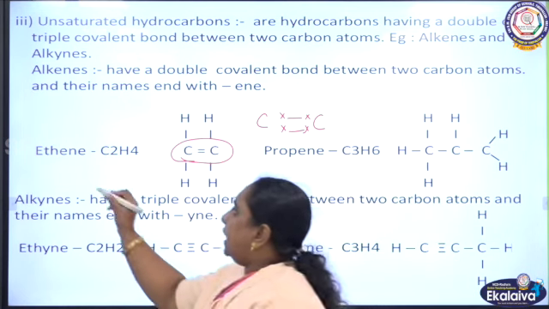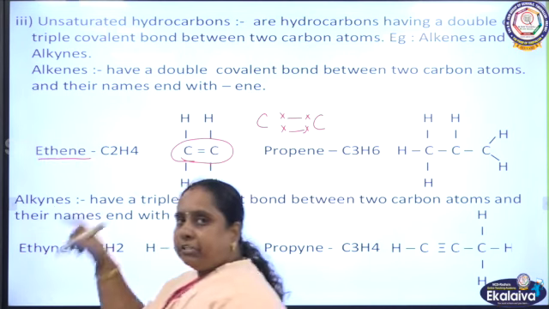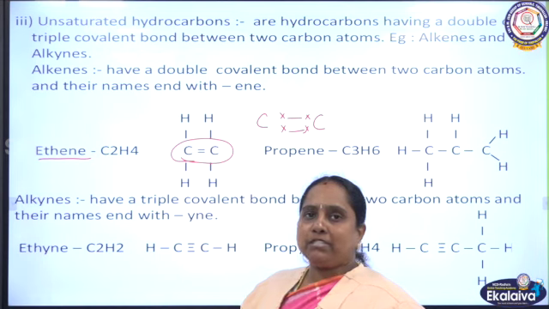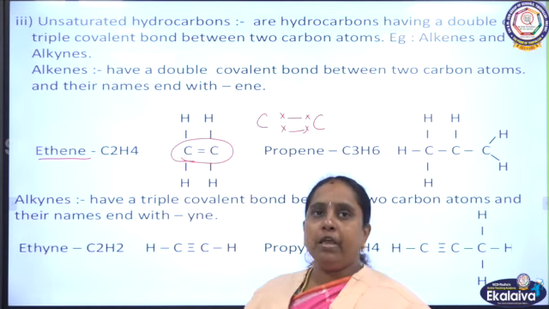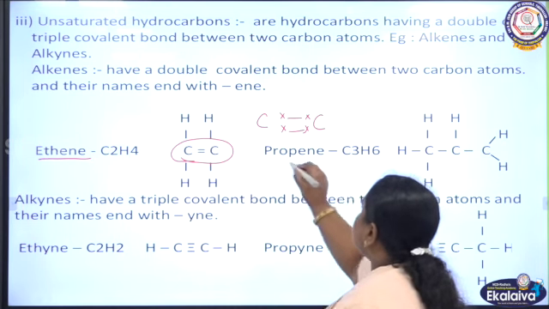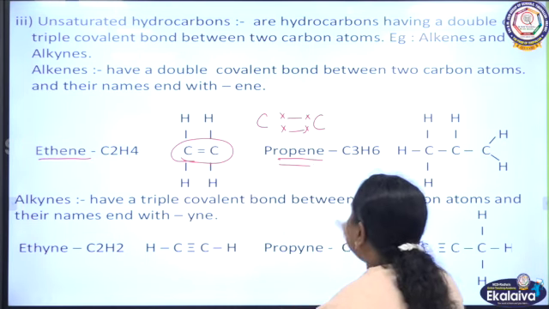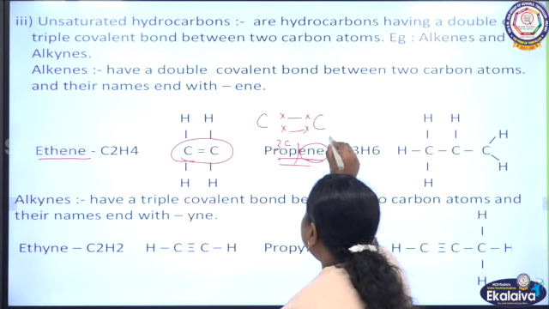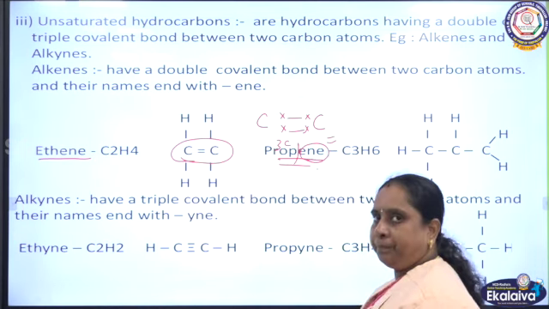And the examples are ethene, which is the first member of alkene. Because methane cannot produce alkene, it contains only one carbon atom. So, alkenes will not be possible in case of methane. Next member is propene. Prop for 3 carbon atom, ene for double covalent bond.